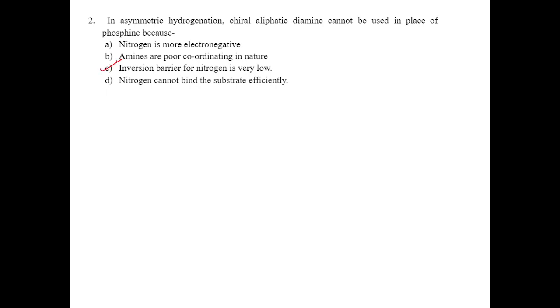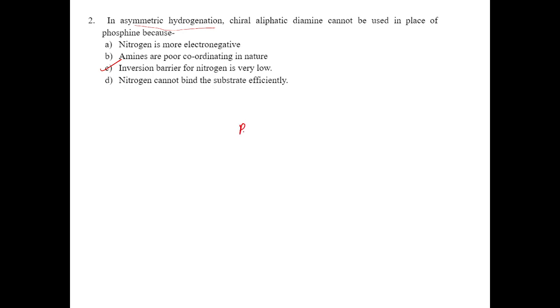The inversion barrier for nitrogen is very low. So as I told, in asymmetric hydrogenation reactions, those chiral aliphatic diamines cannot be used. So mostly what is used is either the Schrock-Osborne catalyst or the Crabtree catalyst.